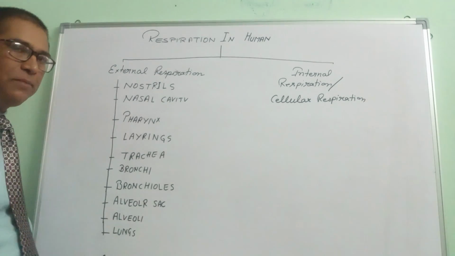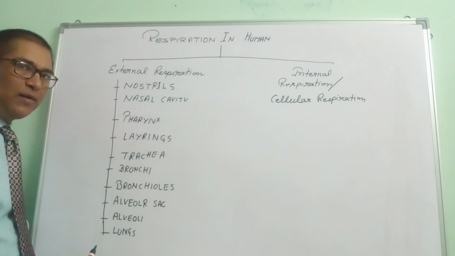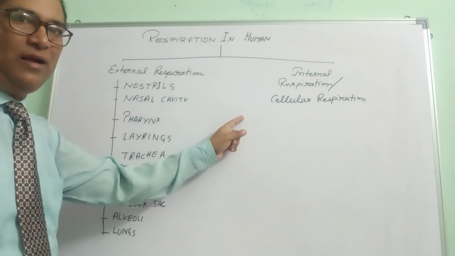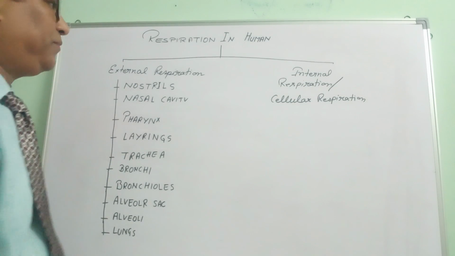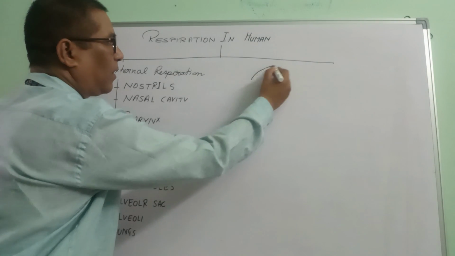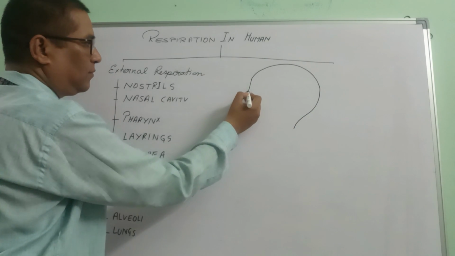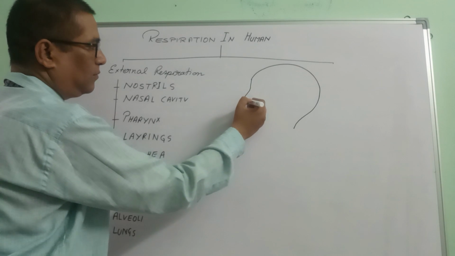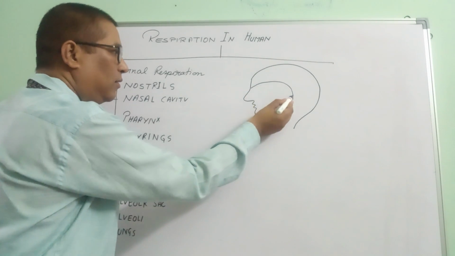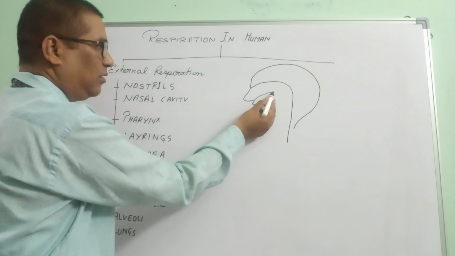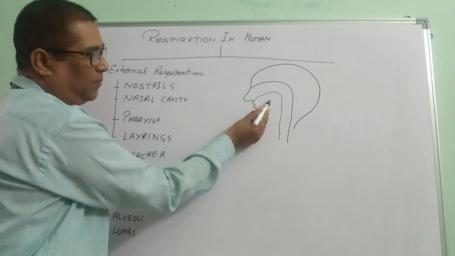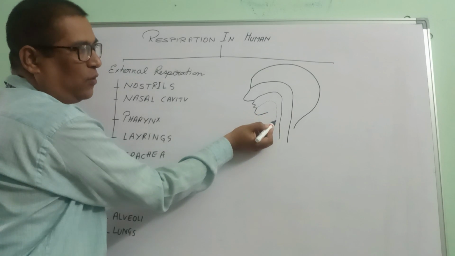Now, through the diagram, I will explain where these organs are present. No doubt this is the nostril. Before explaining cellular respiration, I will first explain external respiration. Suppose this is the windpipe, and along the windpipe, this is the food pipe.